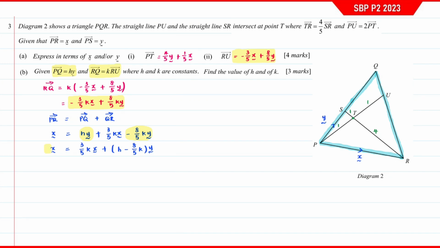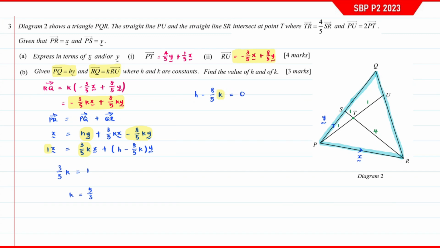When you compare vector X, you get 3 over 5K equal to 1. Move the 3 over 5 to the other side, then K is equal to 5 over 3. For the vector Y, on the left hand side we don't have any vector Y, therefore H minus 8 over 5K will be equal to 0.